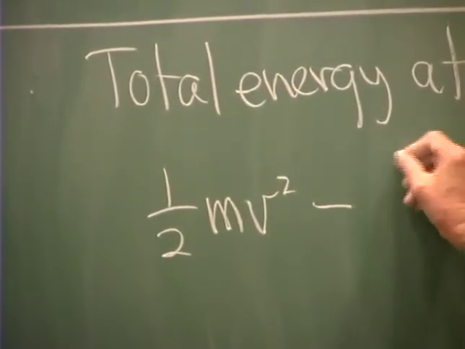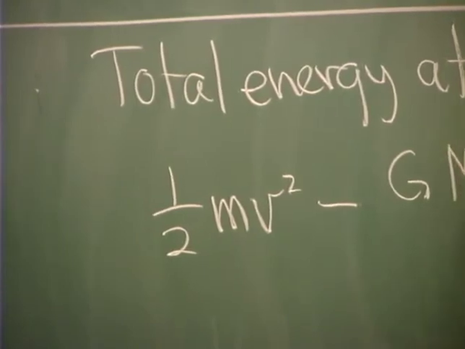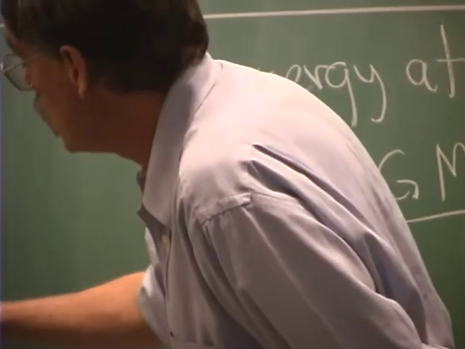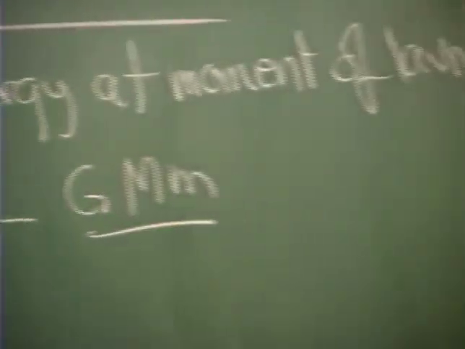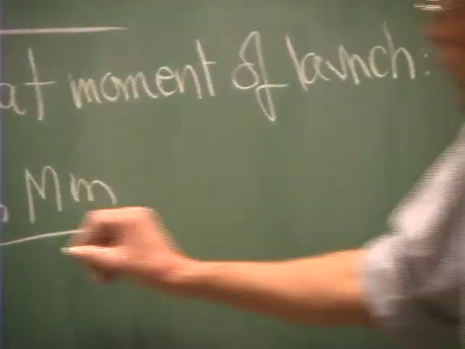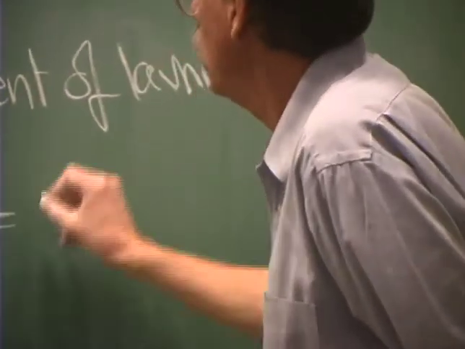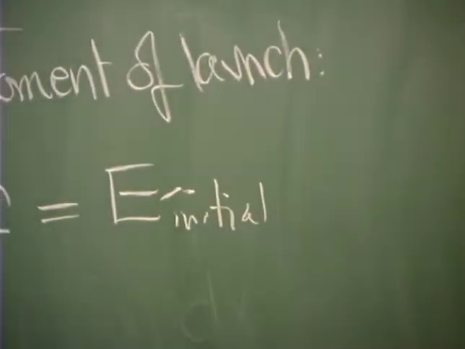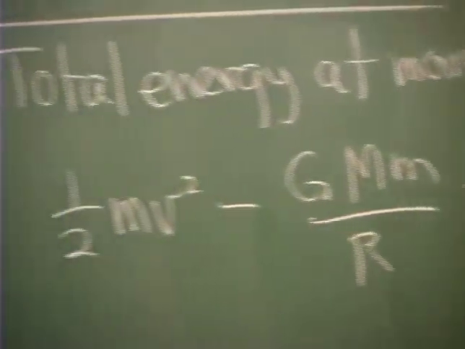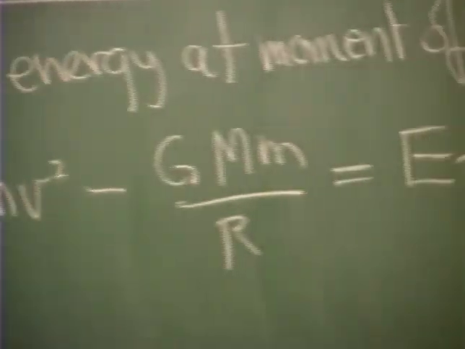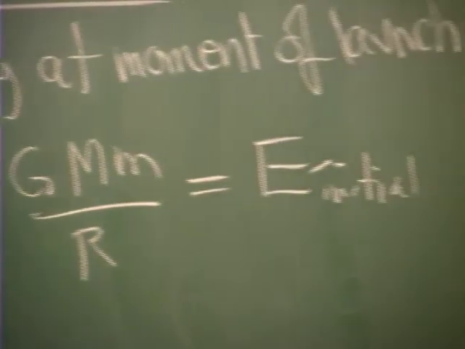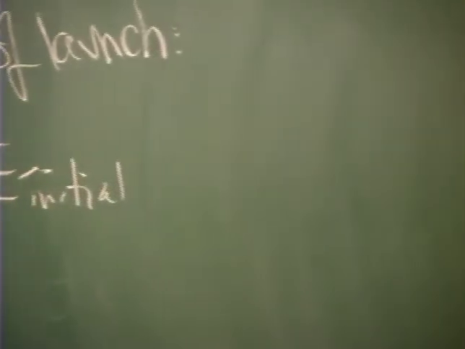Here, I don't use ground level, I'm using infinity as a reference point, so it had some potential energy even at the beginning, namely minus GMm divided by the radius of the Earth, because that's how far it was from the center at the beginning, right? So there's E initial, the total energy. Why do we say minus? Minus because the potential energy is negative GMm over r.